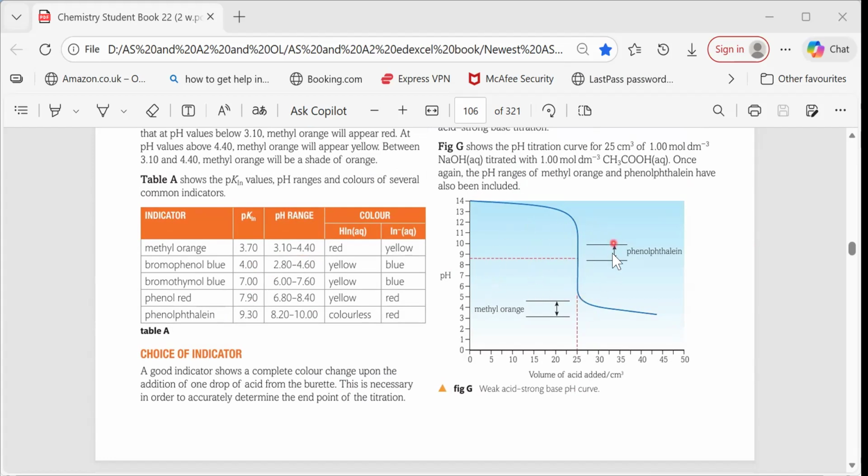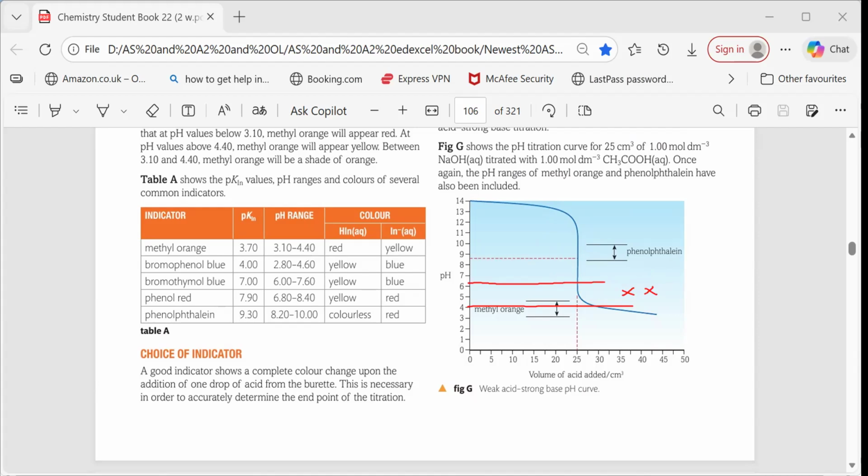And if we have a curve like this one, we cannot choose methyl orange, because as you see, methyl orange changes its color within the range of 3.1 to 4.4, and this part lies below the vertical part of the equivalence point. Even if there is an indicator that has part of it on the vertical line and another part below, at this curve, do not choose it. It must lie completely on the vertical line to choose it.